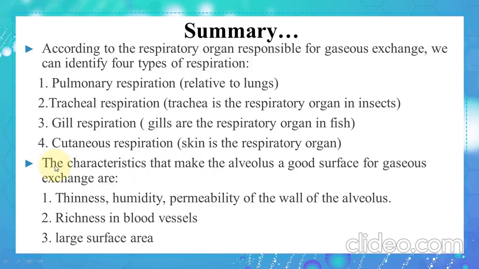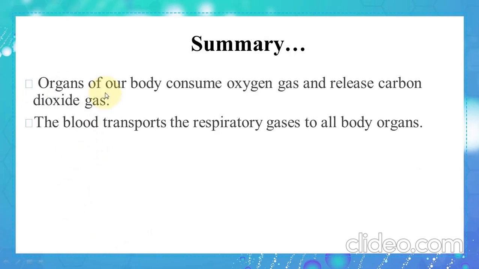The characteristics that make the alveolus a good surface for gas exchange are thinness, humidity, permeability of the wall of the alveolus, richness in blood vessels, and large surface area. Organs of our body consume oxygen gas and release carbon dioxide gas. The blood transports the respiratory gases to all body organs.